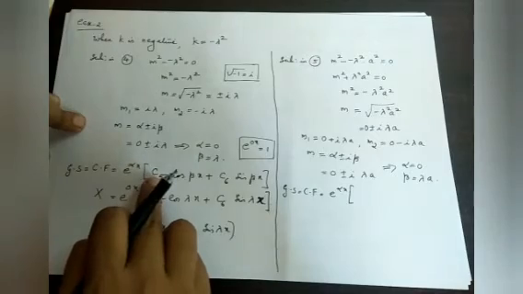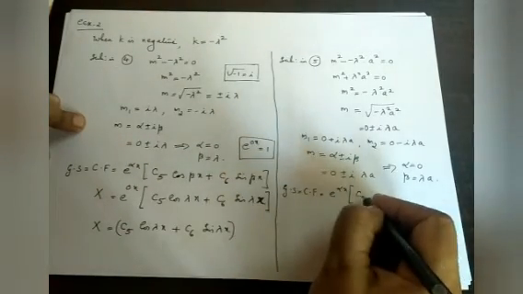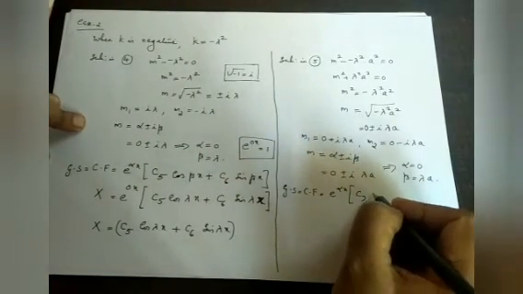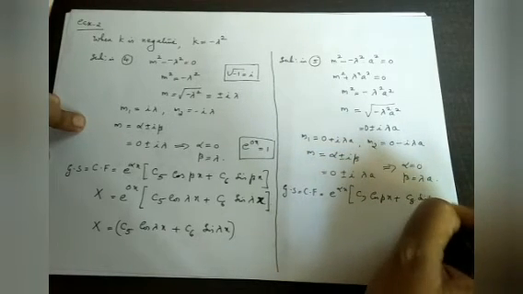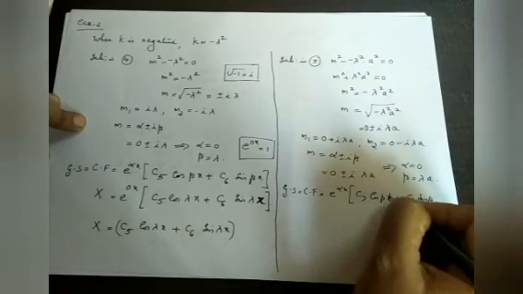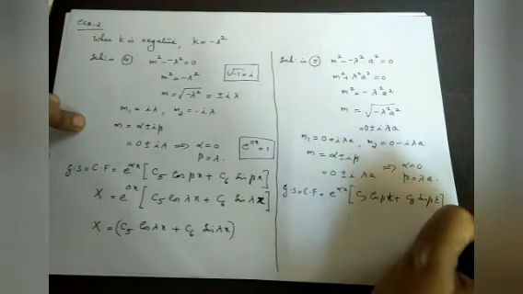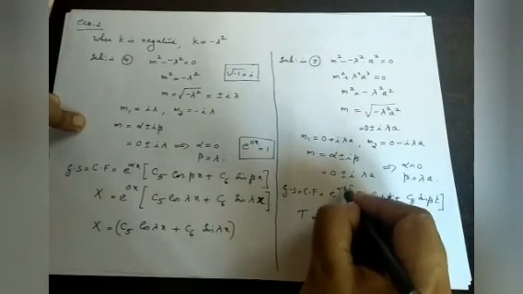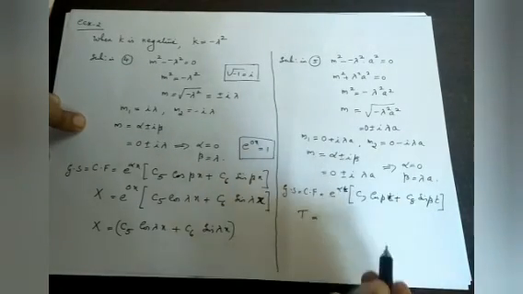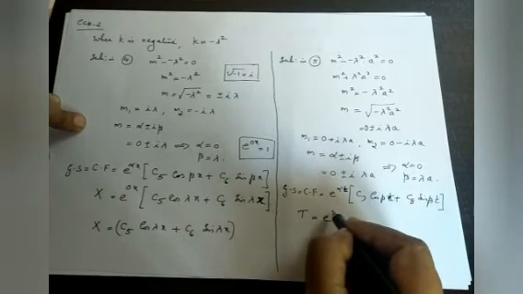Here we have C5 and C6, therefore we can substitute C7 cos beta x plus C8 sin beta x, not x, it is t. Therefore we have T equal to, here also instead of x we have t, e raised to 0t.